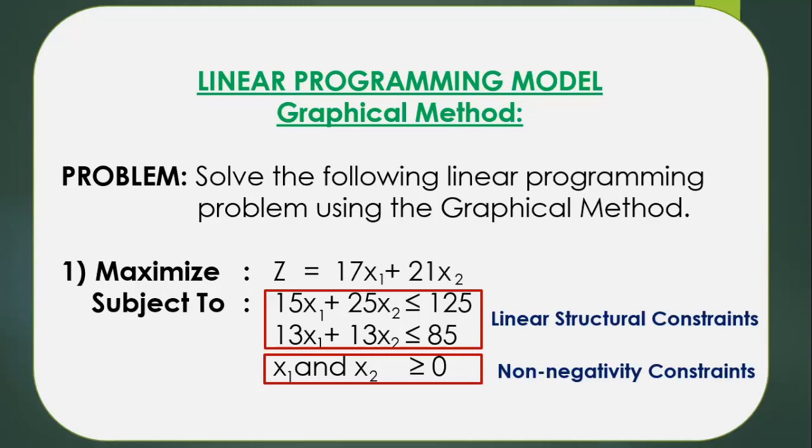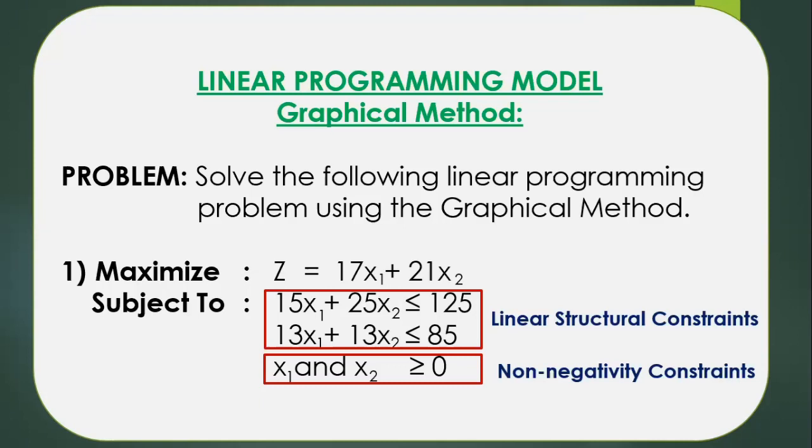Maximize z equals 17 times x sub 1 plus 21 times x sub 2, where z refers to our profit, subject to 15 times x sub 1 plus 25 times x sub 2 less than or equal to 125. So that is our first linear structural constraint. And our second linear structural constraint would be 13 times x sub 1 plus 13 times x sub 2 less than or equal to 85.